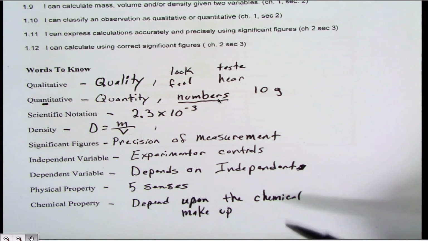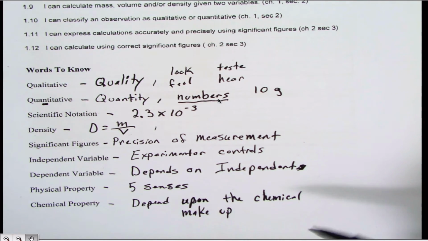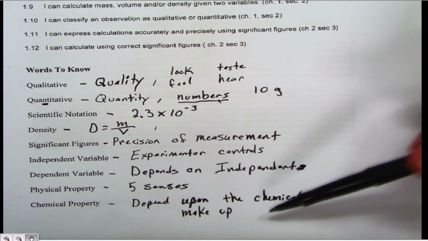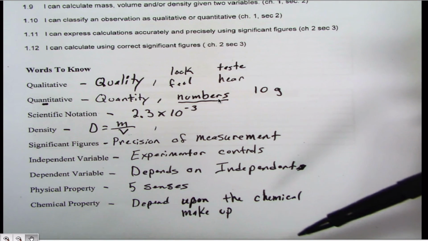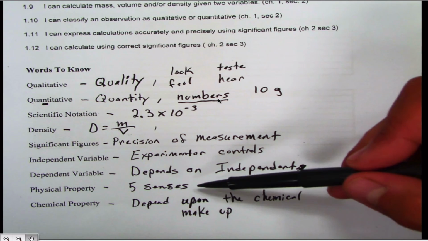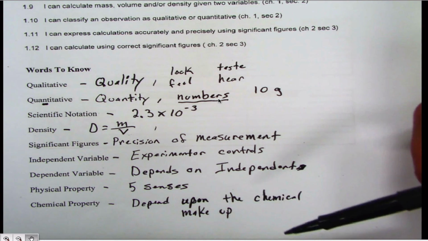So it'd be like flammability. Flammability would probably be the best one a lot of people would know: how well it reacts, how quickly it reacts, things like that. Physical properties can be like 5 senses, stuff you can see, observe, and touch.